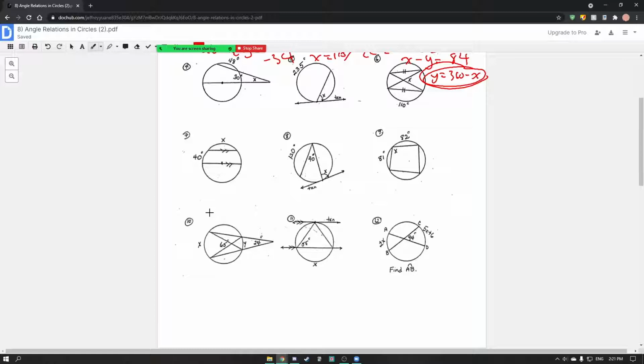Okay, number 4. So we know this is the center because it shows here, so this is the diameter. So this arc will have to equal 180. And we're given 2 of these arc measurements already, so it's going to add up to 78. So the only other arc here you can deduce from there is going to be 102. Using that information, you then have the secant angle measurement theorem, where you have these 2 arcs and this inscribed angle here.